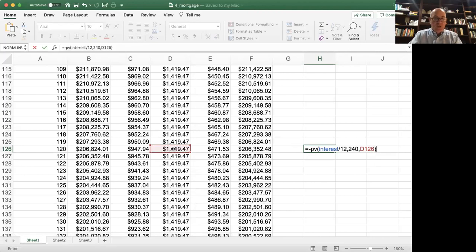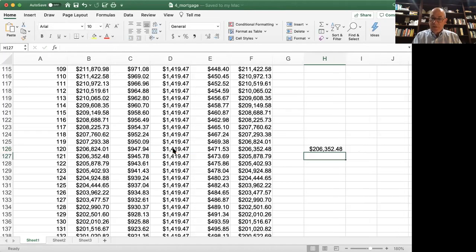And when I hit return, I hope this works, I should get $206,352.48. Let's keep our fingers crossed here. There we go. Nothing up my sleeve, proof positive. There we have it.